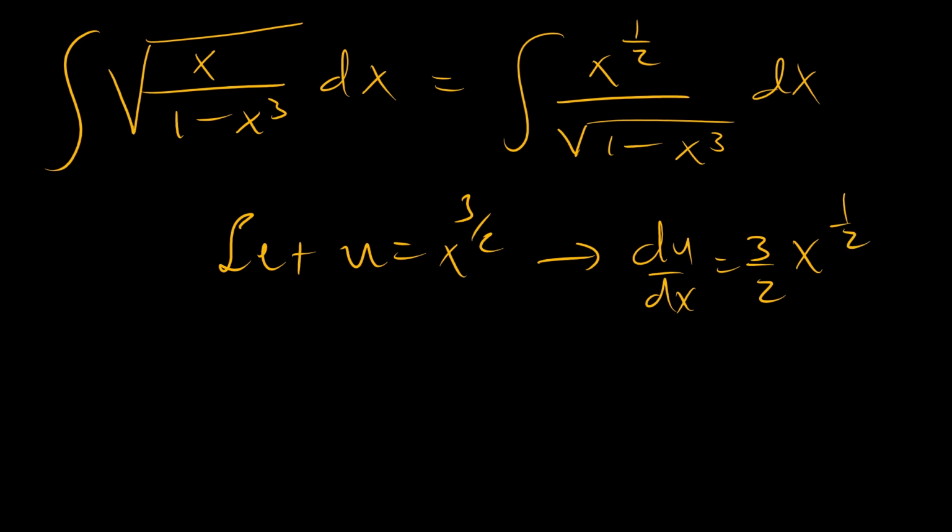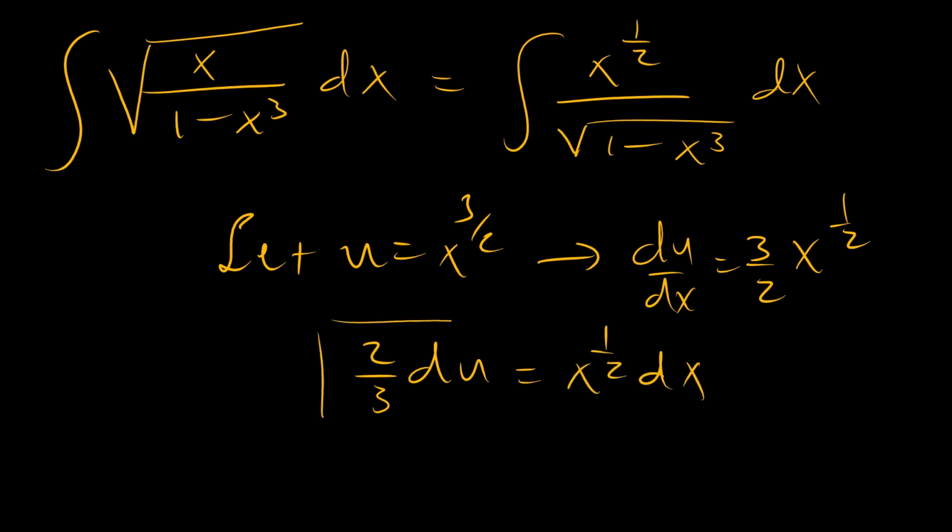And so 3 over 2 du can be used to substitute for x to the power half dx. This is very important because now we can do away with whatever is in the numerator. And also, u squared becomes x cubed.